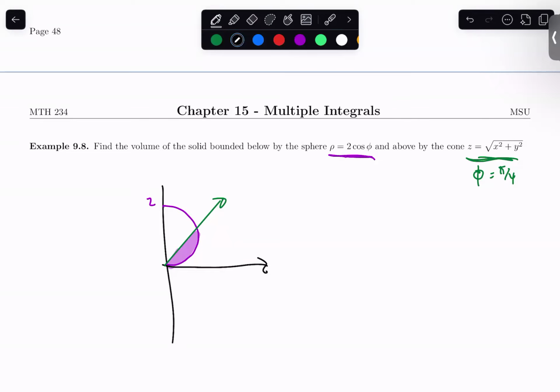Okay. Beyond this, we're interested in volume. So similar to last time, we're going to have a function of 1, and then we convert it into spherical.